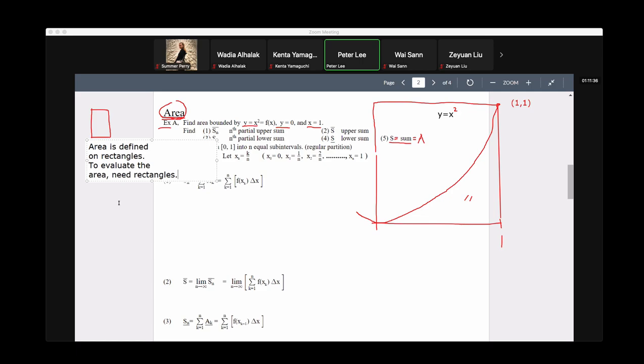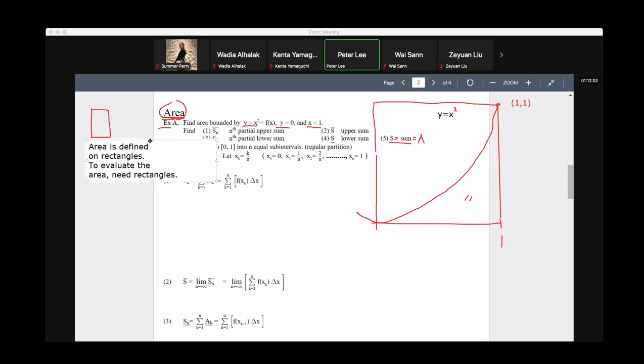Because base times height is actually the area of a rectangle. So the area of a triangle is half the area of a rectangle. All areas are actually based on rectangles.